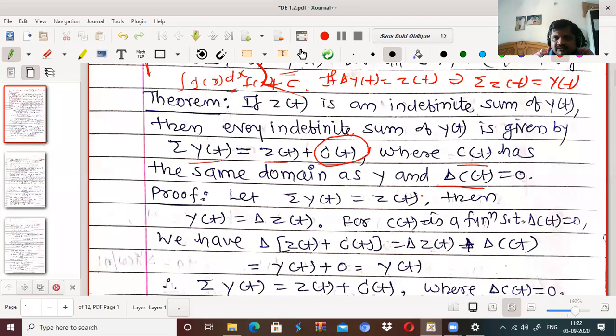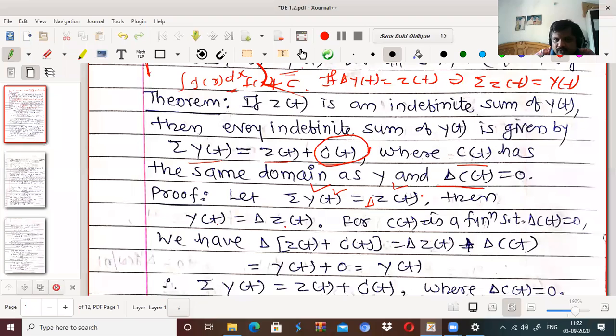We are given that zt is an indefinite sum of yt. Then we know that by using the definition, delta of zt must be equal to yt. Therefore, yt equal to delta of zt.